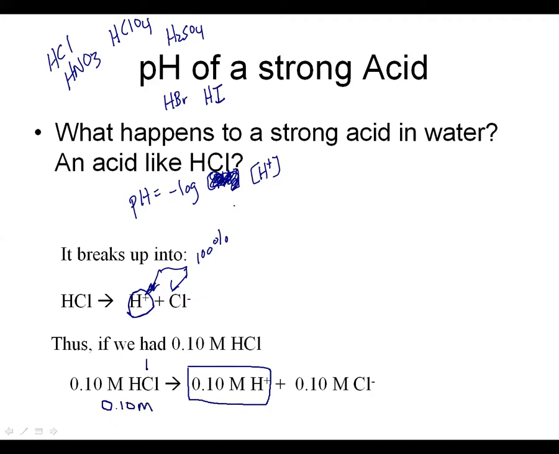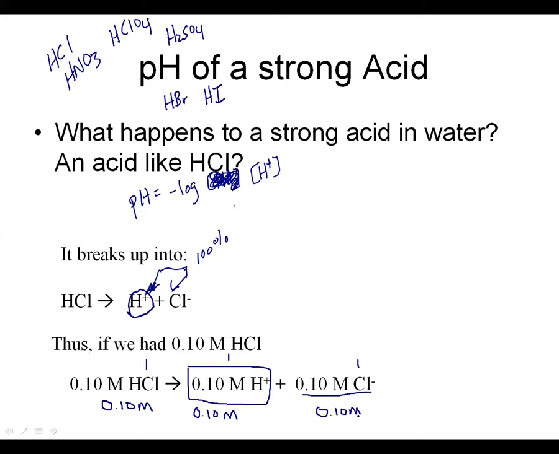And it is a 1-to-1 relationship in terms of how the H plus breaks apart. So you would take 1 times that concentration, which would get you 0.1 molar for the H plus. You didn't need it here for this calculation, but to get that guy, same idea. It's a 1-to-1 relationship in terms of how it breaks apart, which means the concentration for the chloride ion would also be the same.